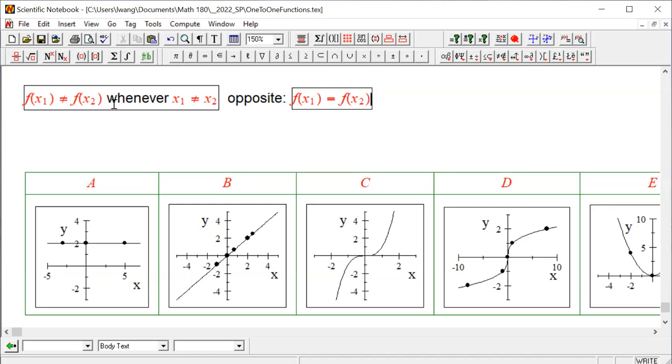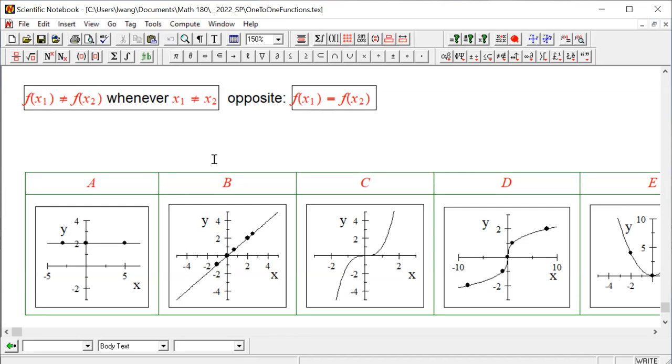But it doesn't have to be whenever. Why? Whenever basically says always. Because for the statement to be true, it has to be always true. False once, false. So it only needs to be false once.